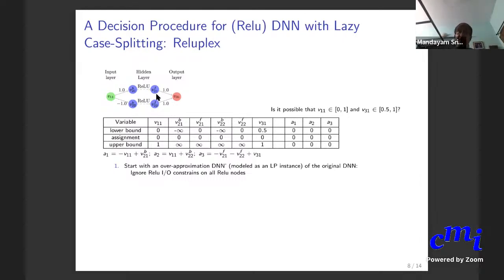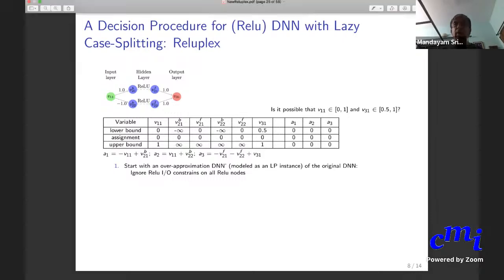But by throwing away that nonlinear dependency between the forward and the backward node, by creating this over approximation, you are reducing into an LP instance. So this is the over approximation that I start with. Okay, so yeah.